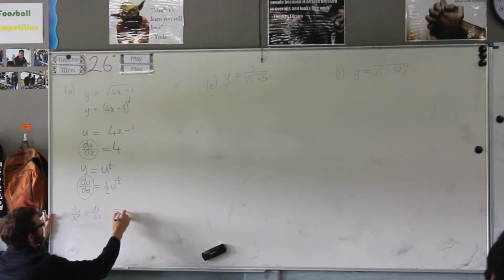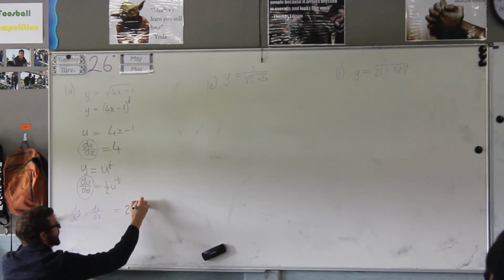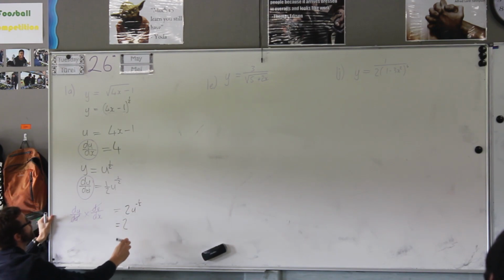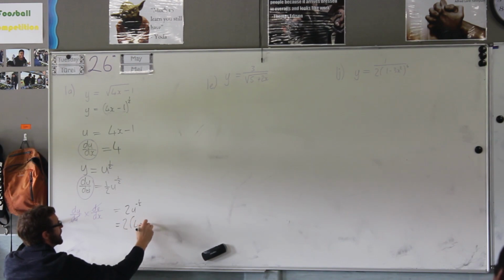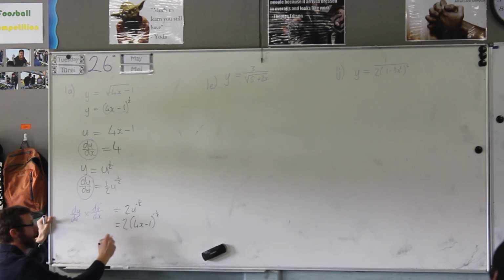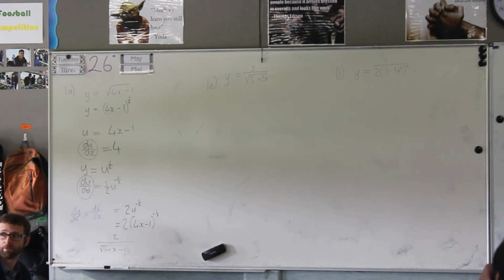That is equal to 4 times a half, which is 2, 2u to the minus 1/2, which is equal to 2, what did I say u was? Bracket 4x minus 1 to the minus 1/2. And I might write that as 2 over the square root of 4x minus 1, like that. That might be my final answer.